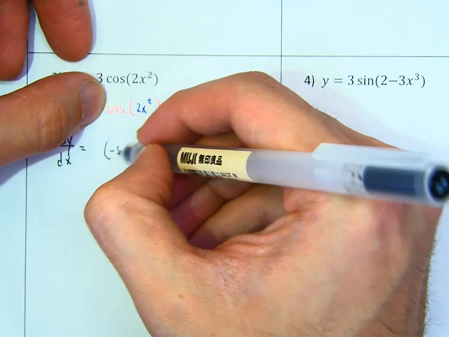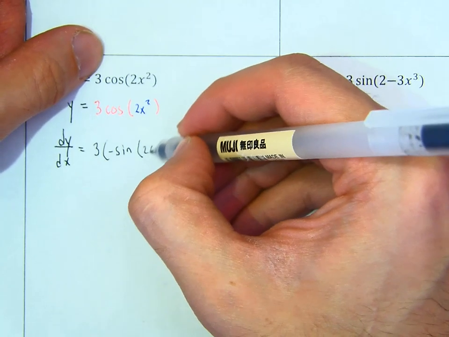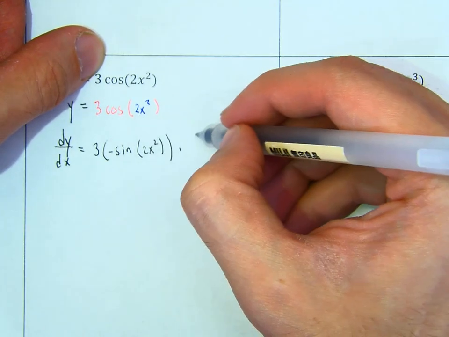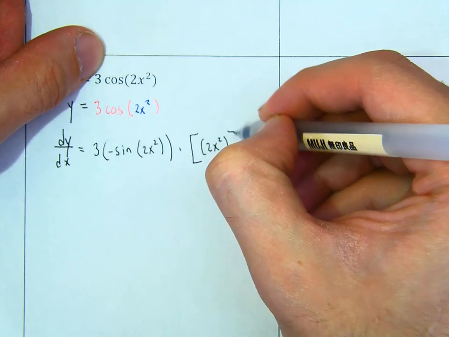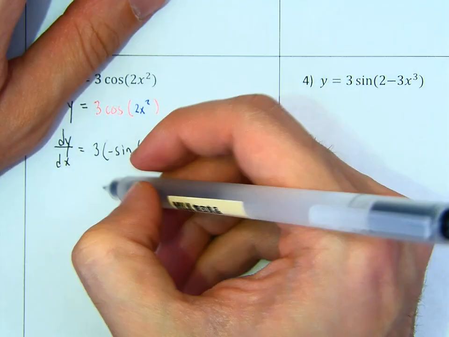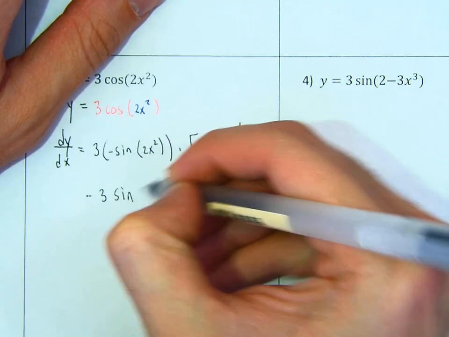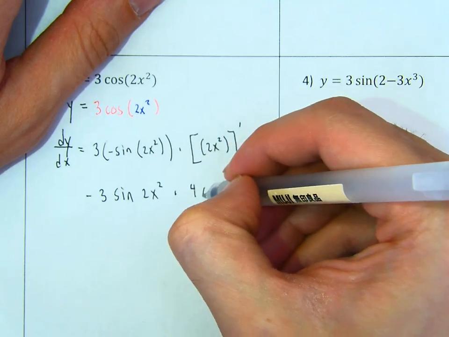It's negative sine, right? So then we put the 3 here of 2x squared. The whole thing is the inside, right? And then take the derivative of 2x squared. So this becomes negative 3 sine 2x squared times 4x.